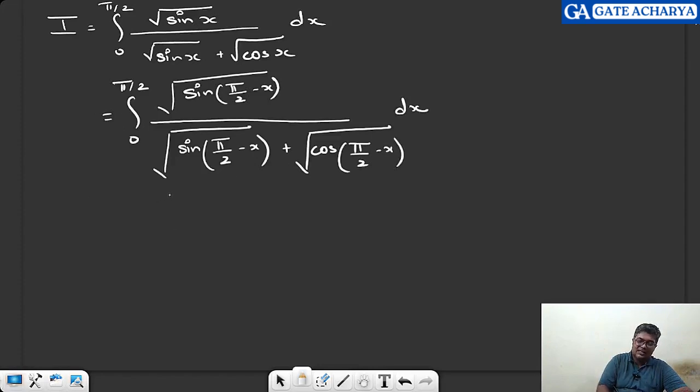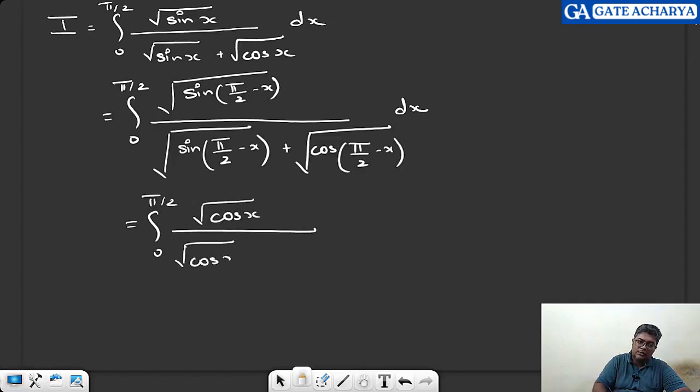Now, as we discussed earlier, sine of pi by 2 minus x is what, from the last problem? That is root of cos x. Here, root of cos x plus root of sine x into dx.